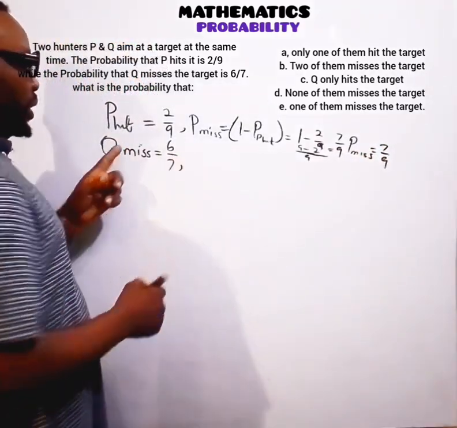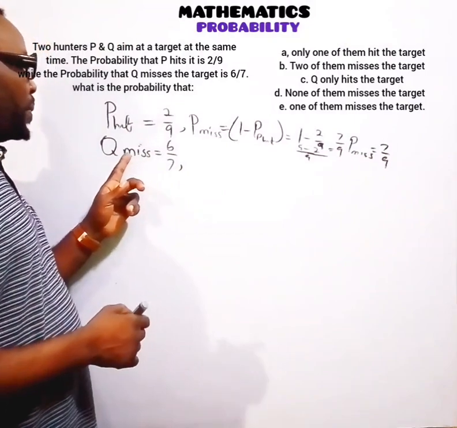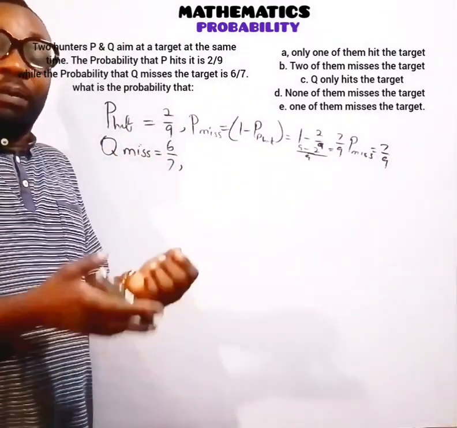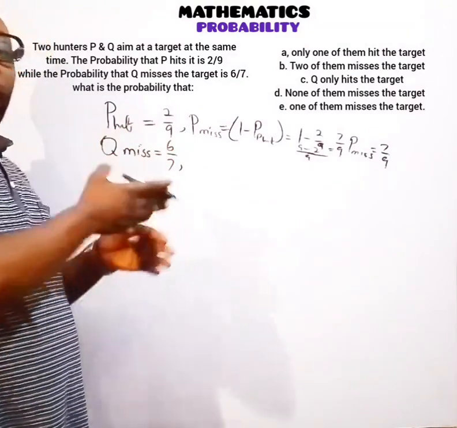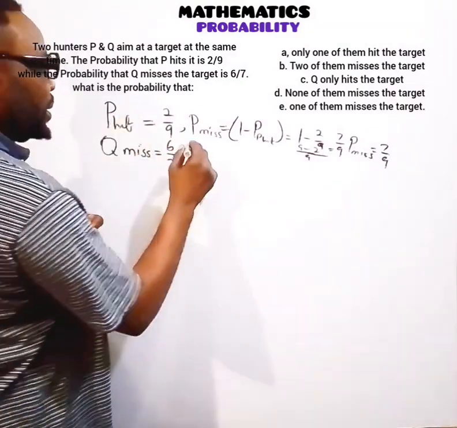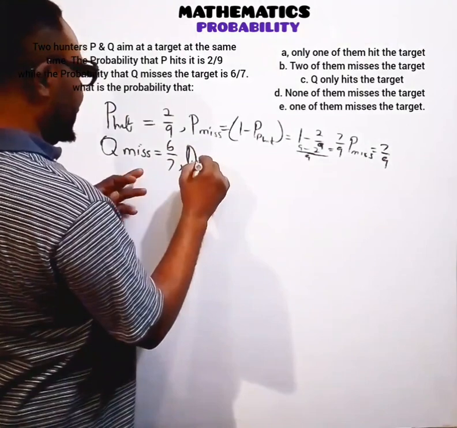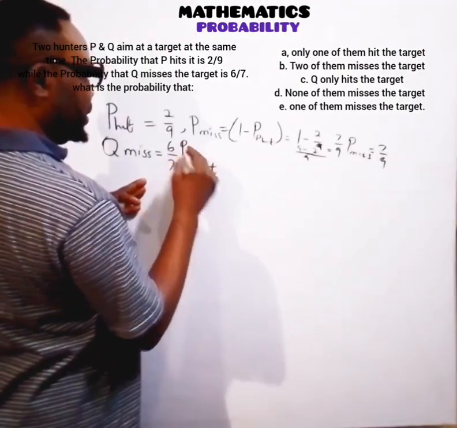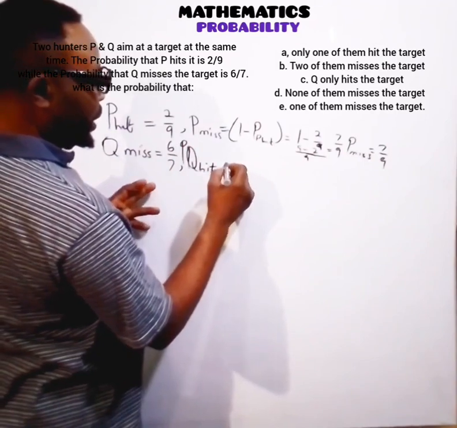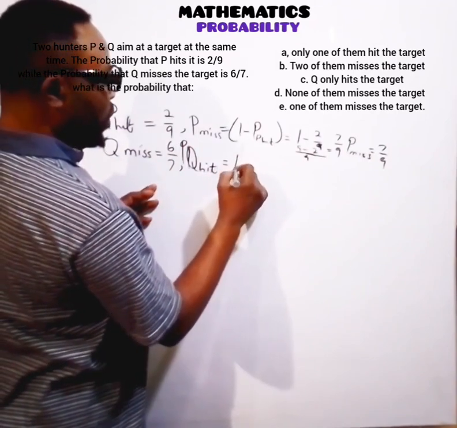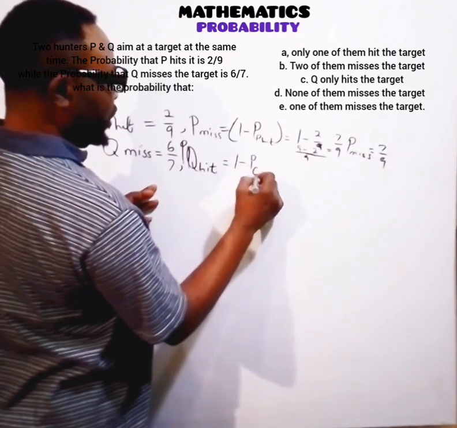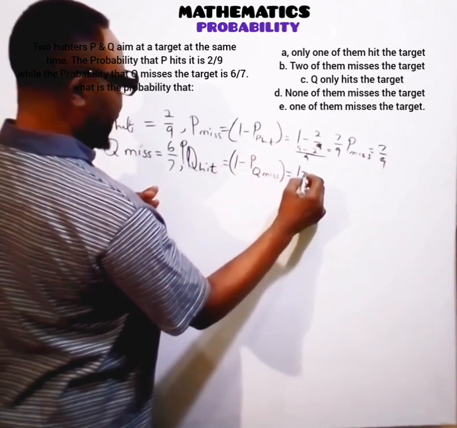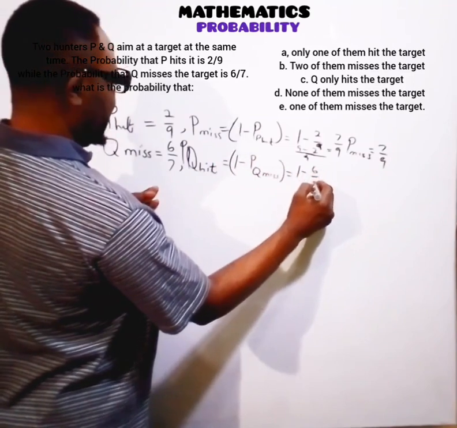Now, we need to also find the probability that Q hits the target, which is 1 minus the probability that Q misses the target. That is equal to 1 minus 6 over 7.